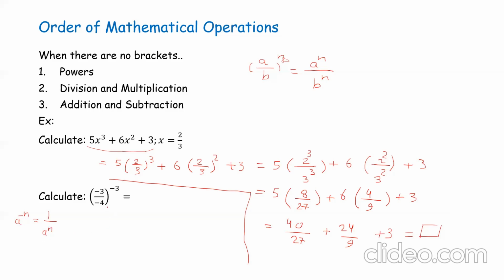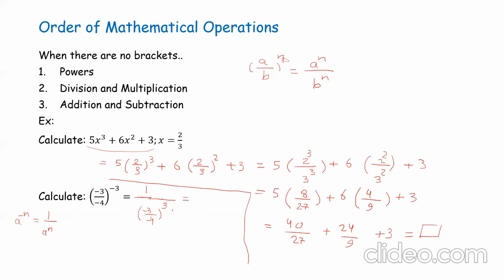In this case, we have a equals -3 over -4 and n equals 3, or in other words, -n equals -3. In this case, it will be equal to 1 over a, which is -3 over -4, raised to the power of n, which is 3.